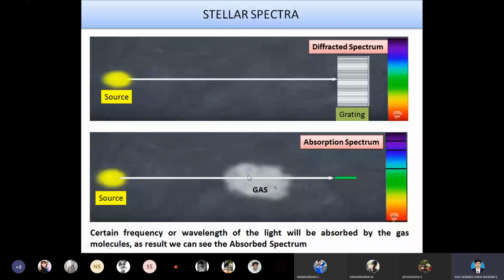The same process, but we are going to study it in a different way, in a spectroscopic way.